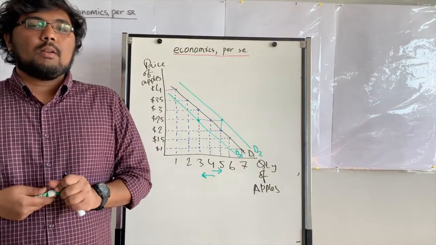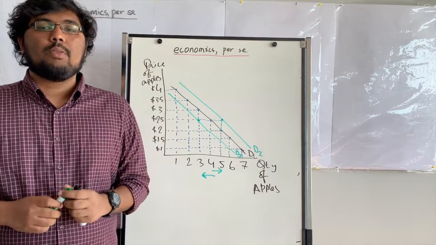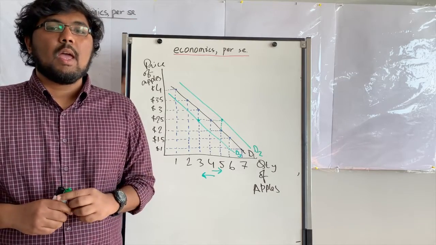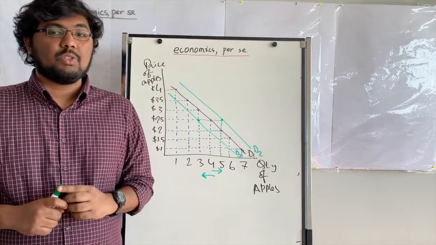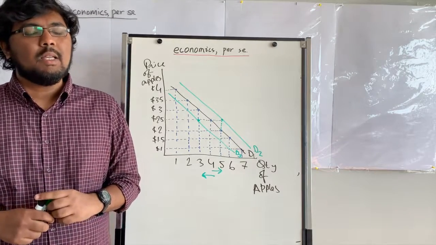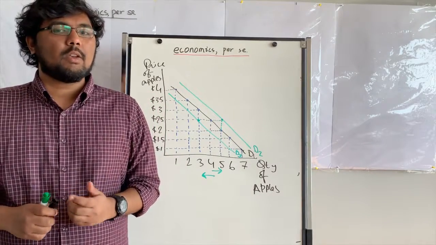So there are two things happening here. With the movement along the curve, the quantity demanded is changing, and with the shift of the curve, the demand itself is changing. Then you might have a question now: what shifts the demand curve?